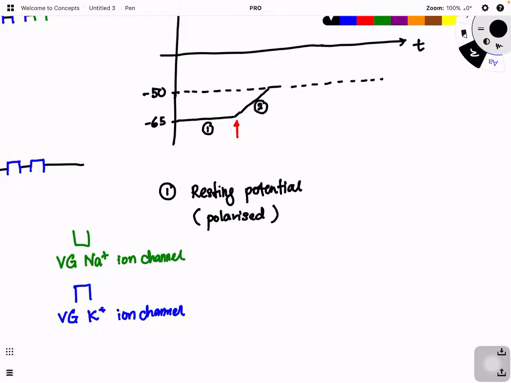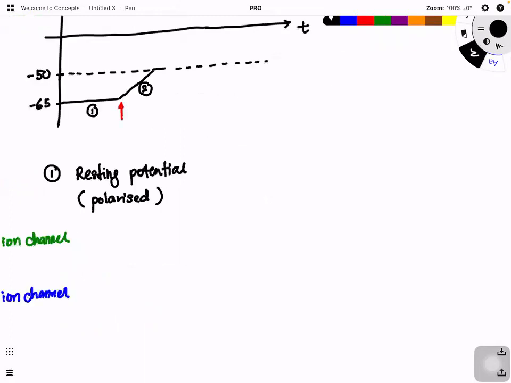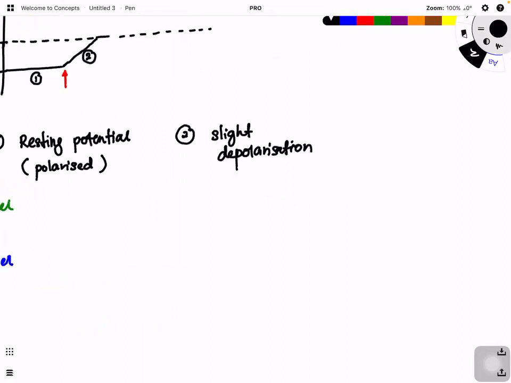What actually is phase number 2? Phase number 2 we call a slight depolarization. It is characterized by some voltage gated sodium ion channels open, but voltage gated potassium ion channels remain closed.